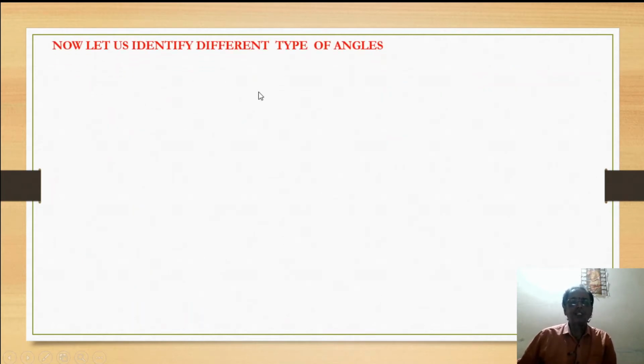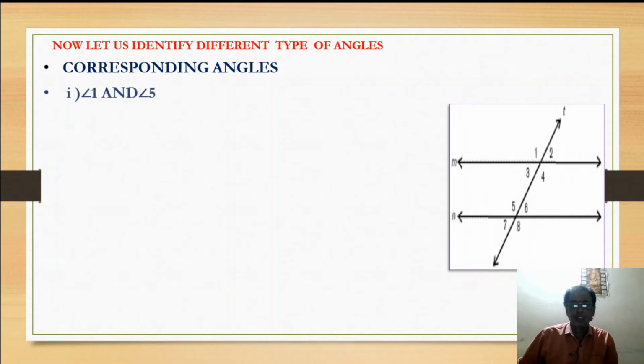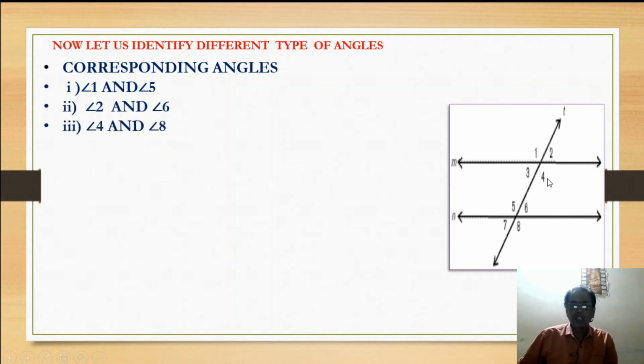Now let us identify different types of angles. First one, corresponding angles, which we already discussed. Here the first pairs are angle 1 and angle 5, angle 2 and angle 6, angle 4 and angle 8, angle 3 and angle 7.